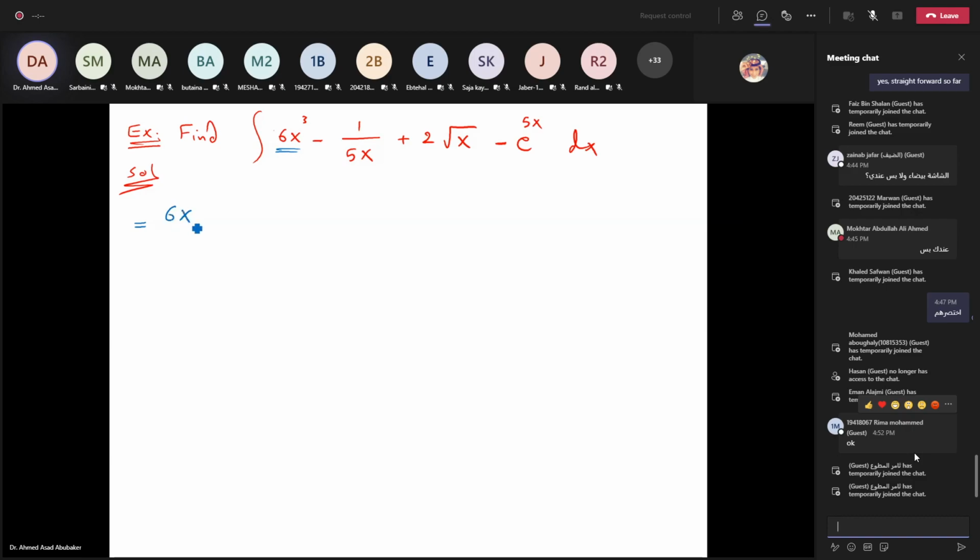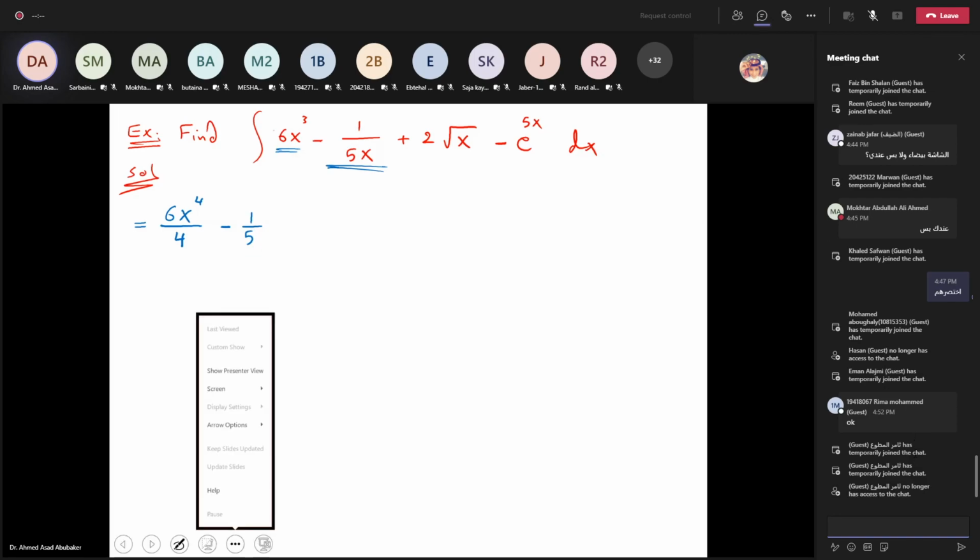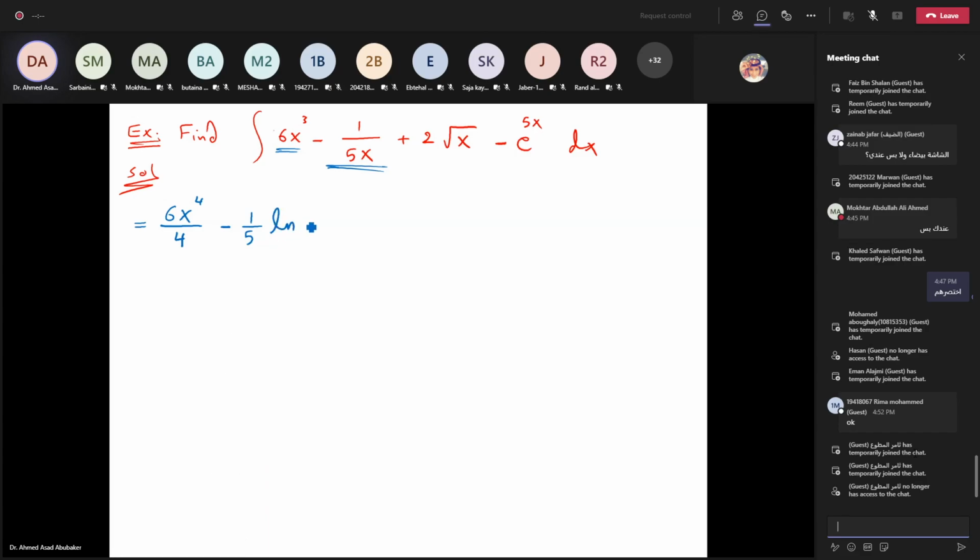This is 6x to the power 4 over 4, minus the integral of 1 over 5x, which is 1 over 5 times the integral of 1 over x, ln x, plus 2 multiplied by x to the power half, the integral of x to the power 3 over 2 over 3 over 2, minus e to the power 5x over 5.